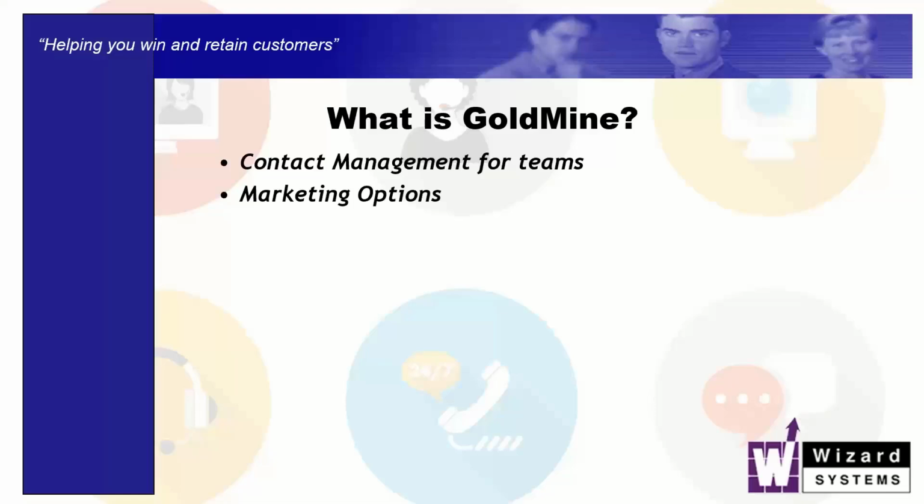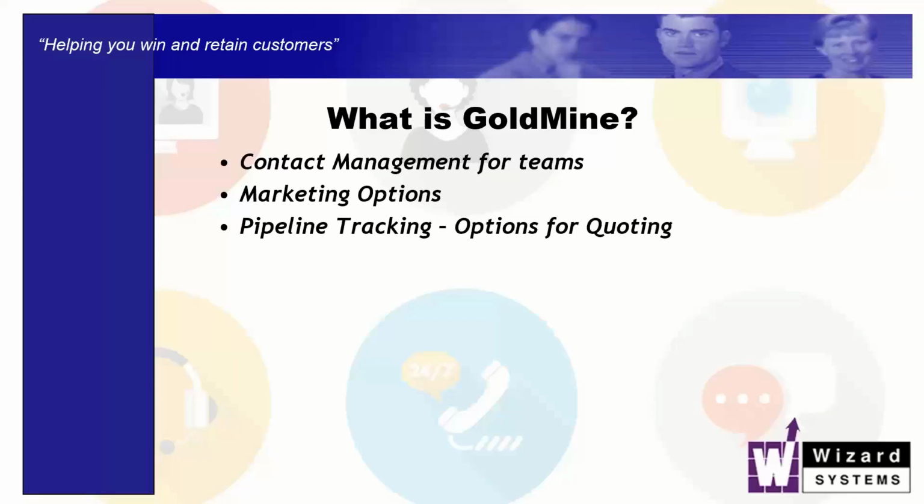We've got several marketing options if you want to then take that data and start targeting your prospects and customers in a more efficient way with tailored messages, and then track the results back in the GoldMine CRM system. We've got lots of options there also.